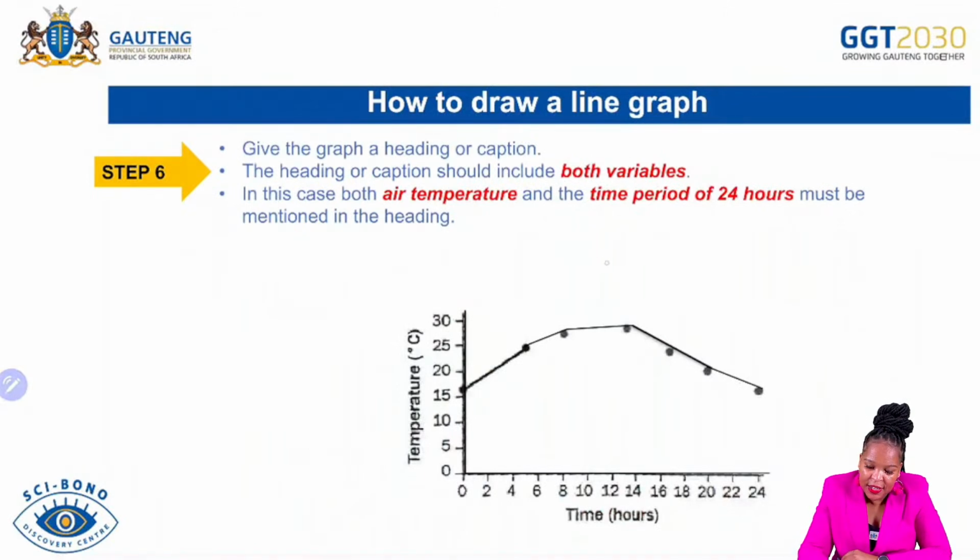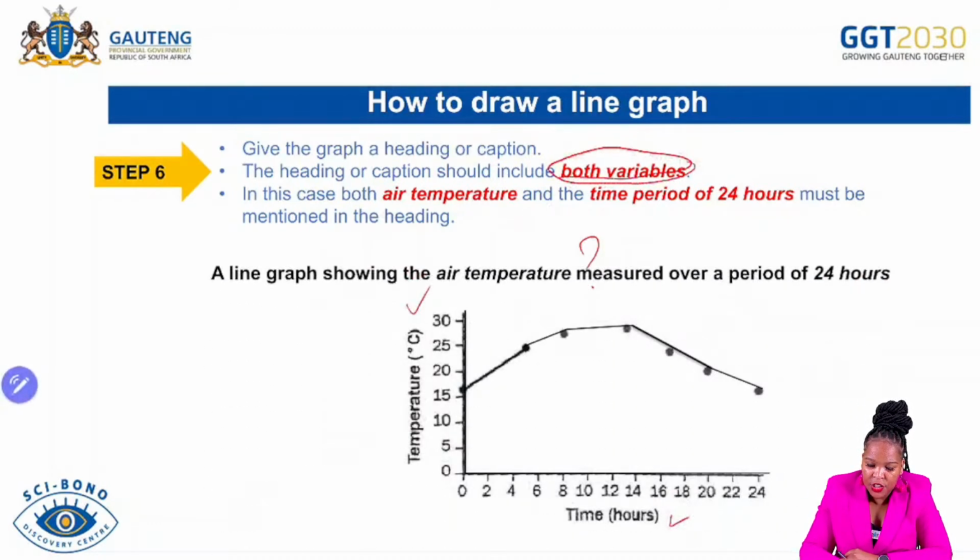You must give this graph a heading. Otherwise it is not a graph of anything. It does not tell us anything if you don't tell us what this graph is about. And when you are writing the heading, your heading must include both variables. What are those variables? Your time in hours and temperature. Those must be in the title or in the caption of your graph. Let's check.